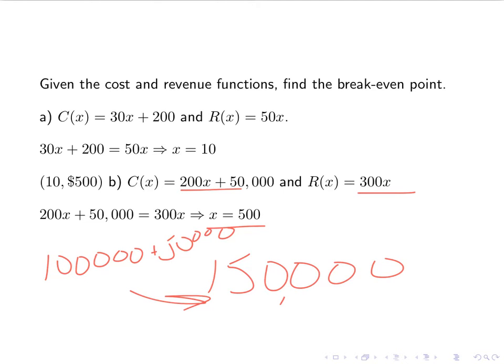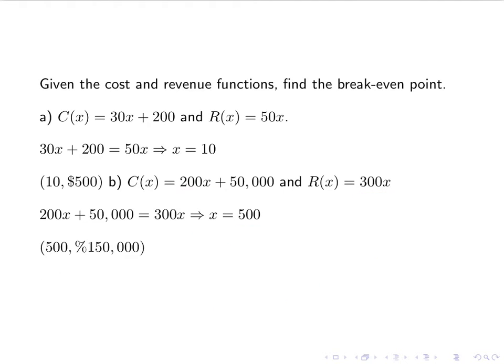So in either case, I should be getting 150,000. That's a dollar sign. So the break-even point is 500, $150,000. So again, make sure it is a point, it's x, comma, and then C or R, it should be the same number either way. So it's a unit and then a dollar amount.